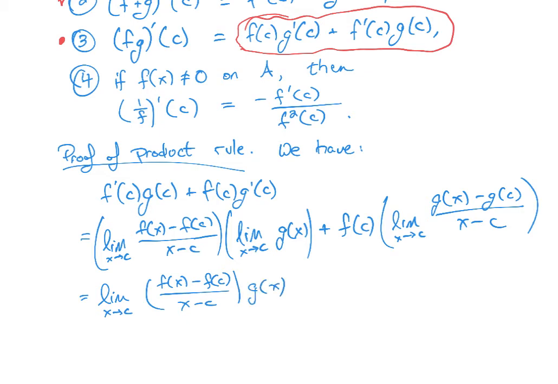Okay. And then over on the right, there's not much to do. I'm just going to move that f of c inside the limit. And then since everything is a limit as x goes to c, I'll just put it all under the one limit. Okay.